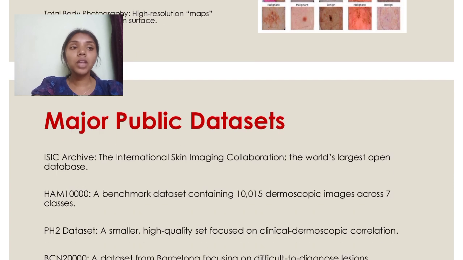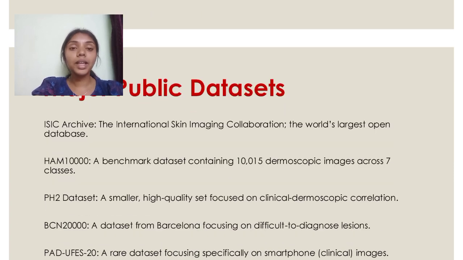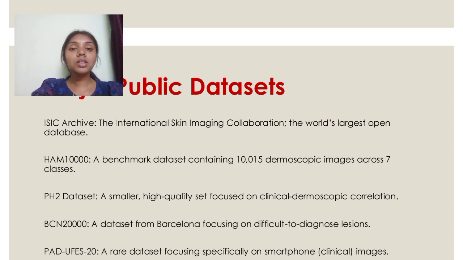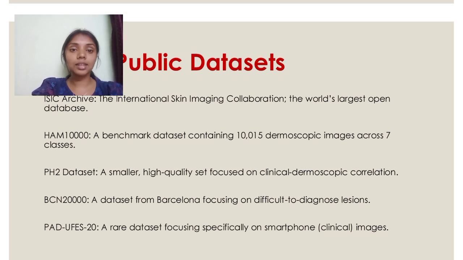And the next slide is major public databases. ISIC is the International Skin Imaging Collaboration archive, and the next is HAM10000, a benchmark dataset containing 10,015 dermoscopic images across 7 classes.